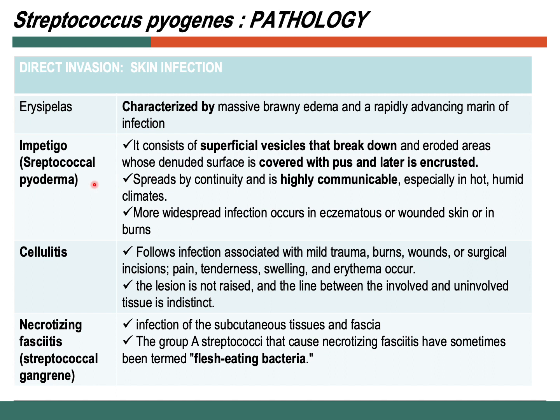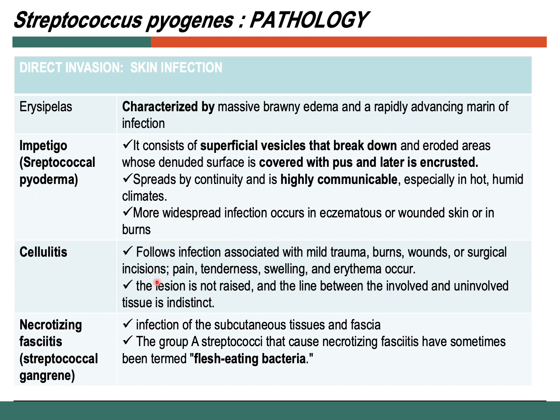Your impetigo, okay, your impetigo consists of superficial vesicles that break down, and it is usually characterized by pus and later encrusted. Impetigo, as I said kanina on your Staphylococcus, is still highly communicable. Okay, these are usually present in hot and humid climates.